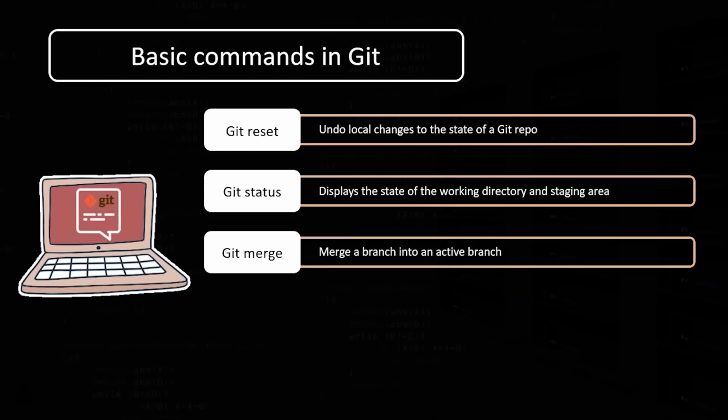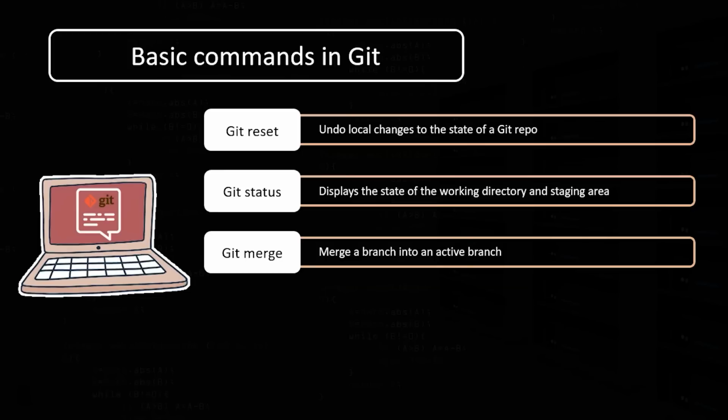The next thing is git merge. Git merge is a very specific command which is used to move the changes from one branch to another. At any moment of time, if you are working on some other branch like a develop branch or some other feature branch, and you want to move the changes from this feature branch to the master branch, you don't have to do the commits all over again in the master branch.